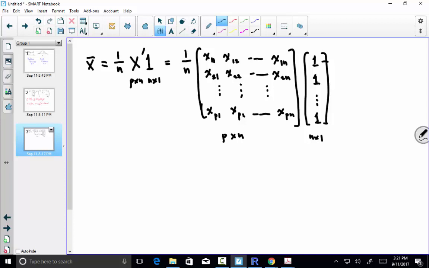So now, if you carry out this multiplication, you end up with what we want. Just to keep it short, I'll say x bar 1, x bar 2, x bar p.